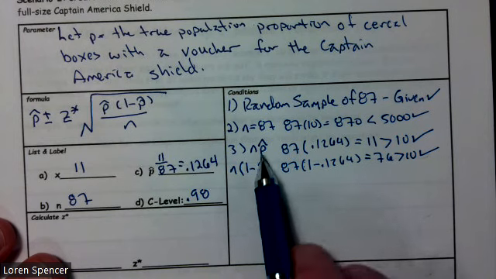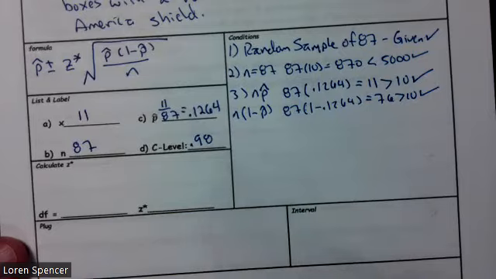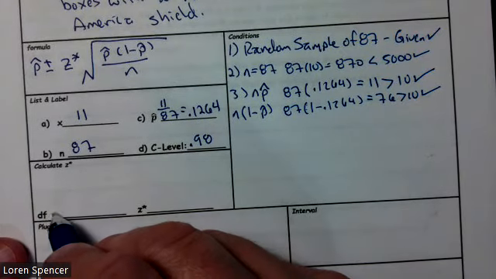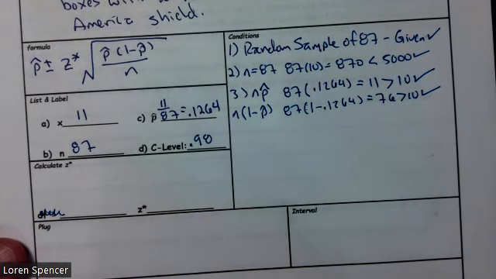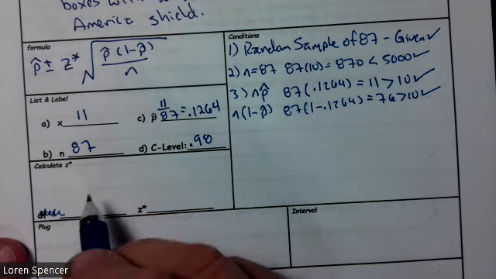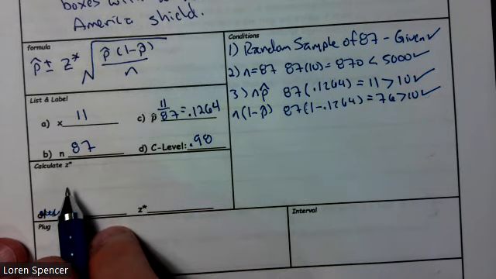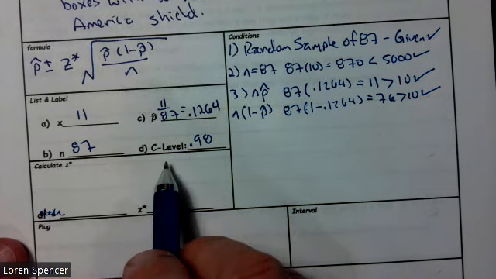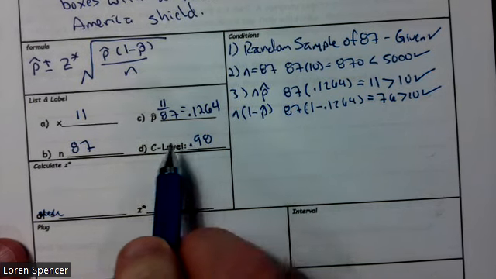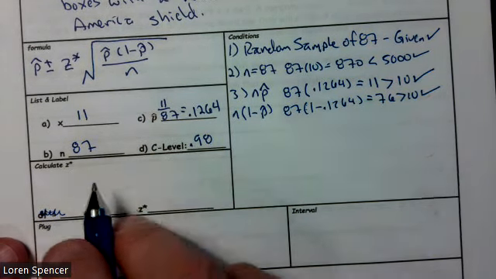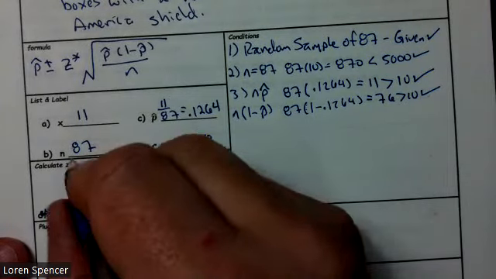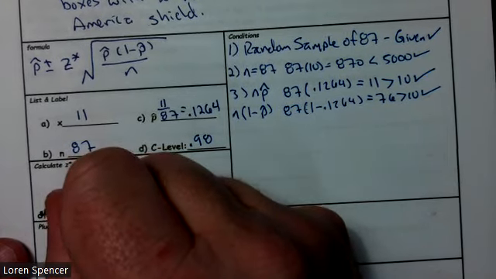So there's a difference there. Now we need to calculate z star. We don't have degrees of freedom here. Our confidence level is 98%. So z star is going to be second var's inverse norm.